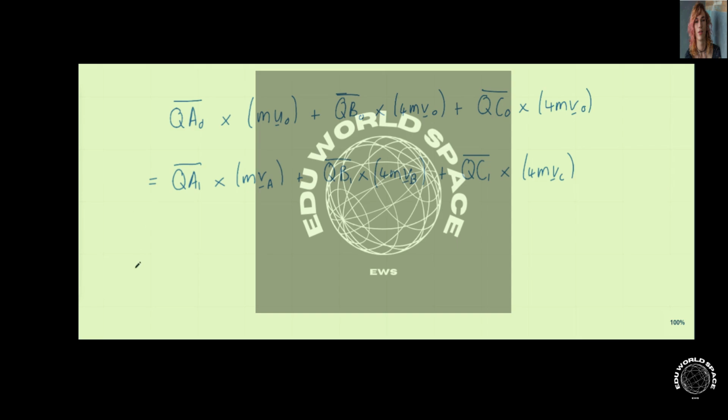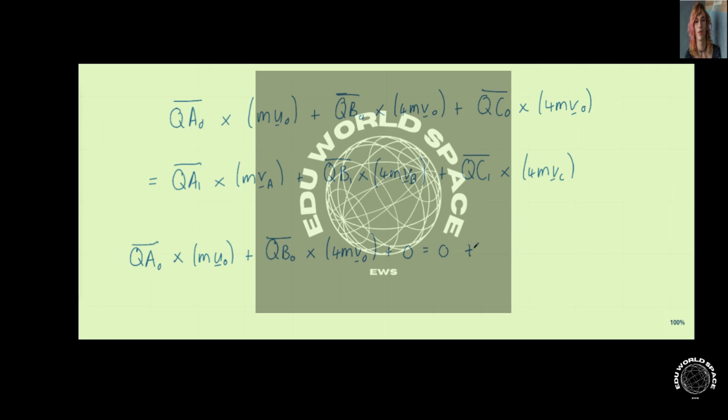And so this simplifies into QA naught cross with M U naught plus QB naught cross with 4M V naught plus 0 is equal to 0.